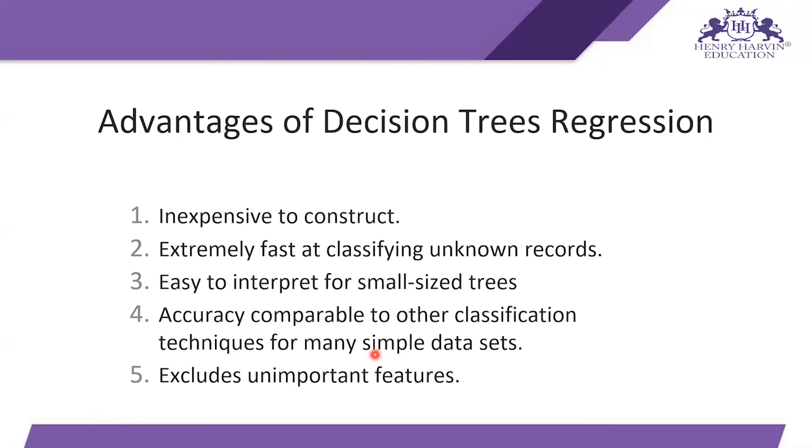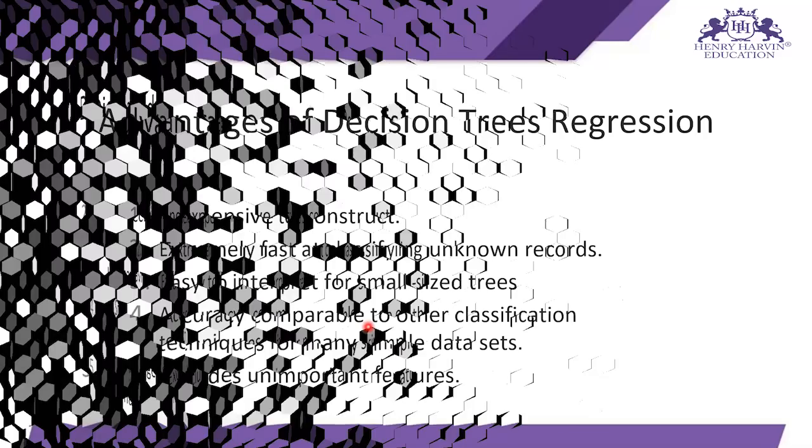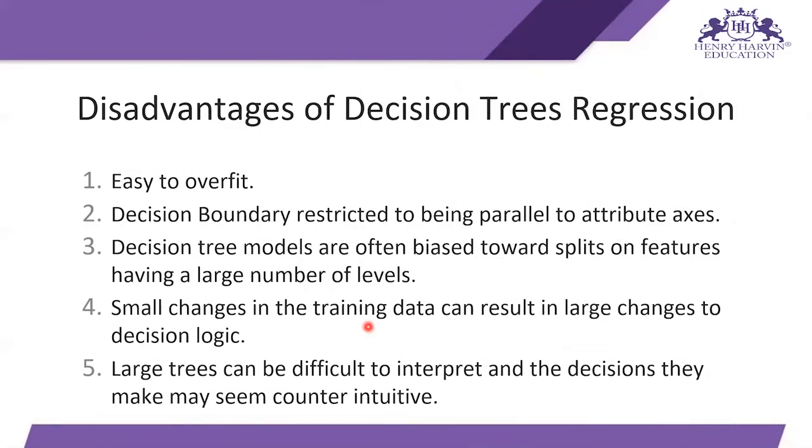The decision tree algorithm also excludes unimportant features: it discards the unimportant features from the dataset and takes only those features which are important, relevant, and used to give a correct or more accurate prediction. Next come the disadvantages of decision tree regression.